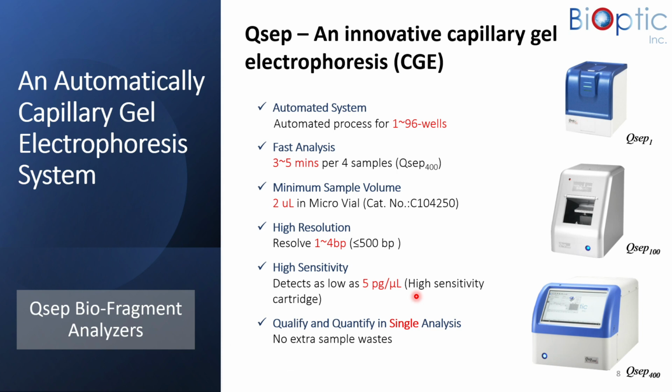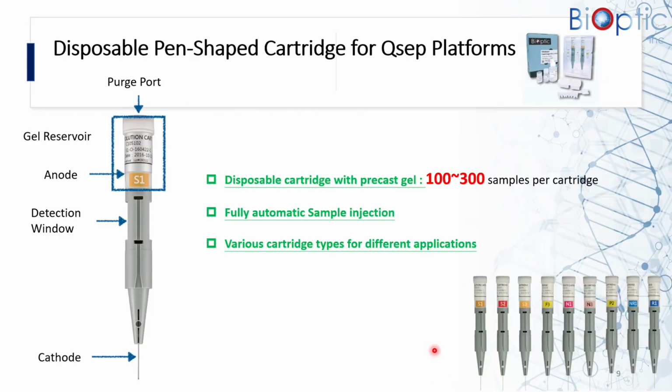The most important is that QSAP can qualify and quantify DNA samples in single analysis without extra sample waste. The disposable pen-shaped cartridge design makes the analysis become easy on QSAP biofragment analyzers. The cartridge is composed of the capillary and the precast gel.